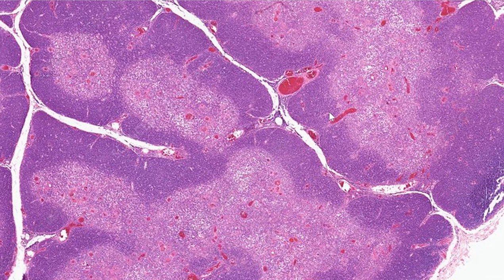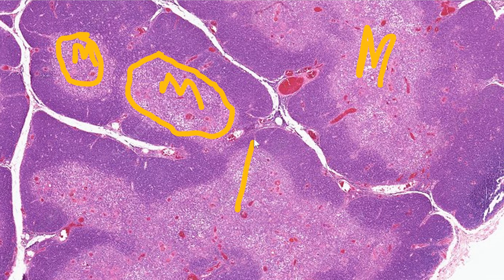When we're looking at the lobule, every lobule is going to have its own medulla. So this would be medullas here. Medulla. Medulla here. And medulla here. Oh, my M's crazy.